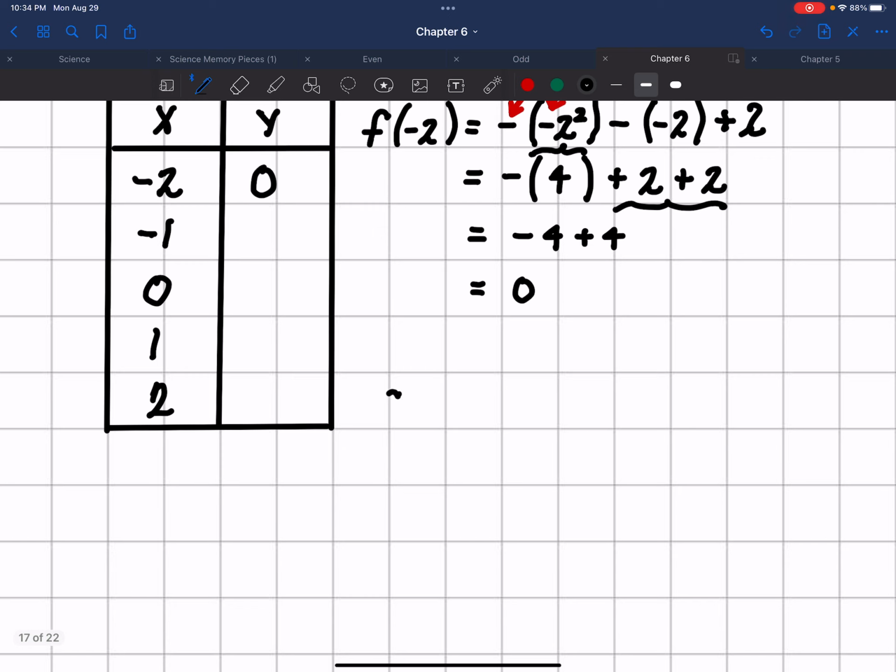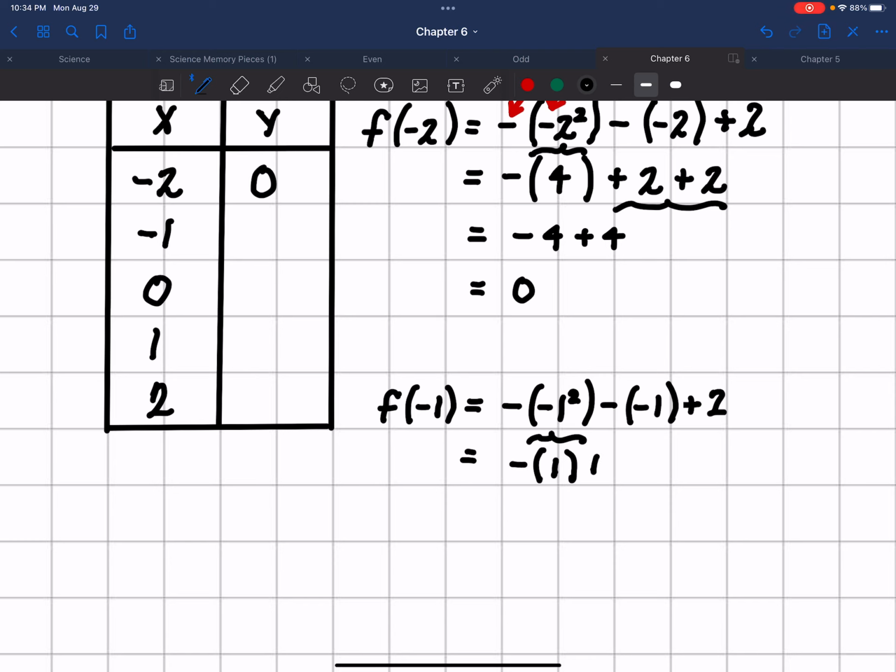All right, then we have f of negative 1. So we will say negative 1 squared minus negative 1 plus 2. Negative 1 squared is 1, and then we have a negative there, plus 1 plus 2. So this will be positive 2 right there.